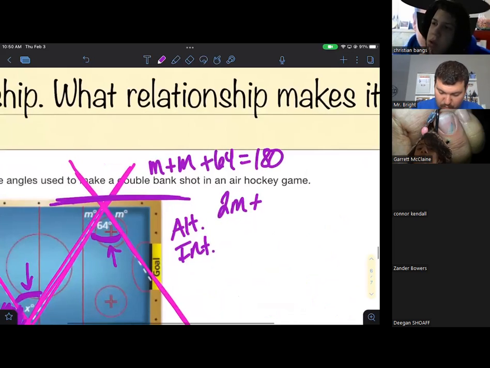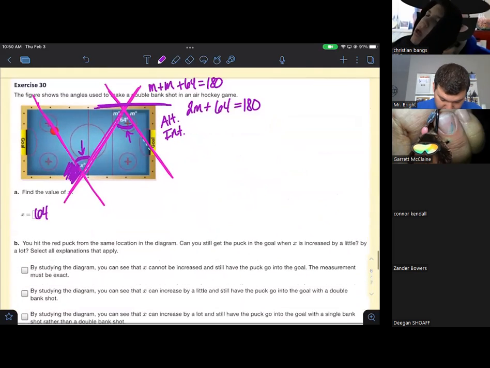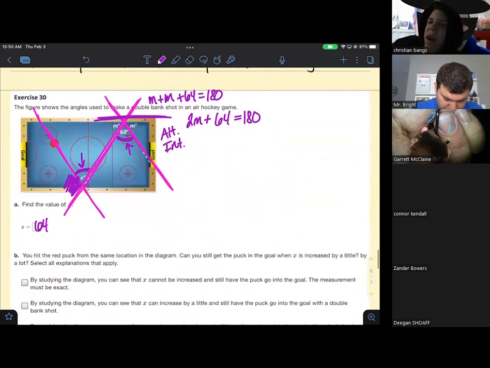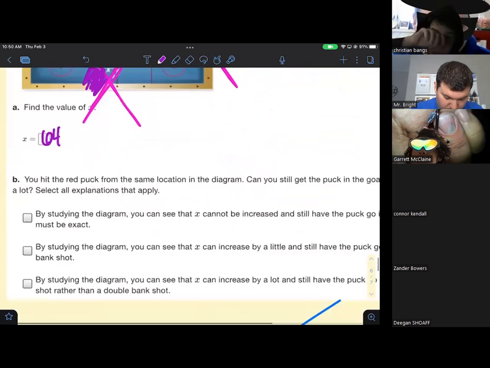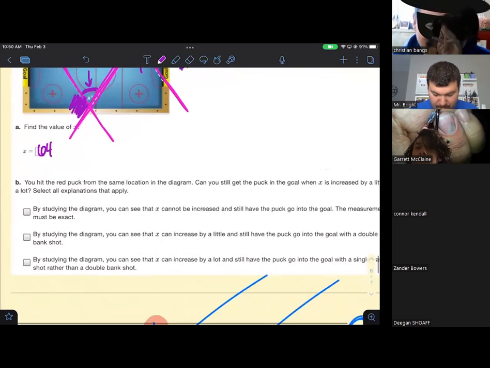And I could just solve this equation to find out what M is, right? But I don't think we need to know what M is. Nope, so angle X is going to be 64 degrees because it's alternate interior to the 64-degree angle, which means it's congruent.